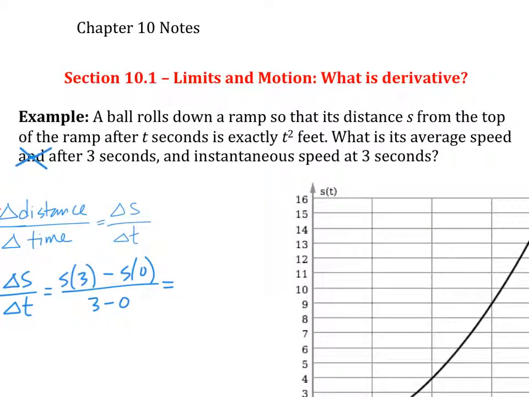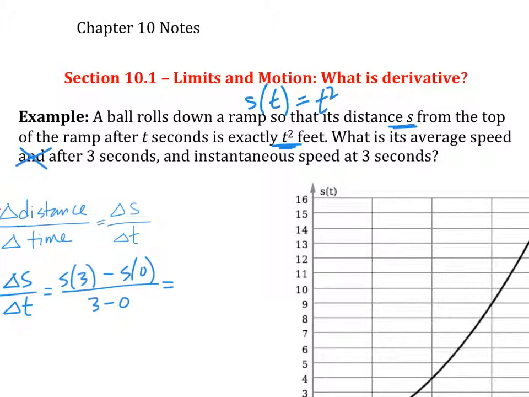Let's look at the question again. This ball rolls down the ramp so that its distance s is exactly t squared feet. Meaning as it rolls down the ramp, at 1 second it went down 1. At 2 seconds, it went down 4. At 3 seconds, it went down 9.